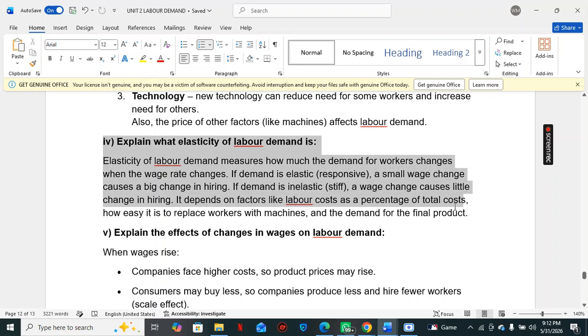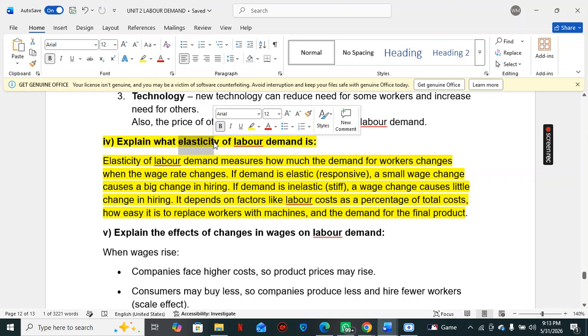This part, elasticity of labor demand, we're going to look at after we finish labor demand itself, because I want to go in depth into it. But remember, colleagues, in microeconomics, elasticity is about responsiveness.